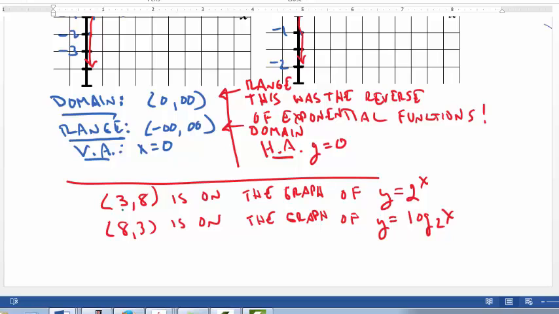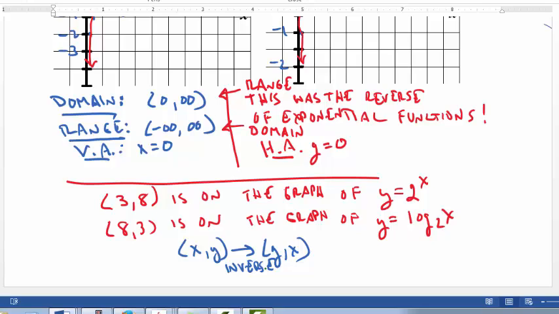So what happens is any point x, y that's on the one graph, the point y comma x, right, just switch them, is on the graph of the inverse function. So you might want to think about that really, right? Usually the way they might write that in a textbook is they'd say, well, x, y turns into y comma x when you take the inverse function.